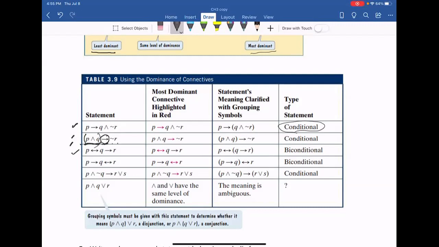Next one, what is most dominant? These two. So how to express this statement?